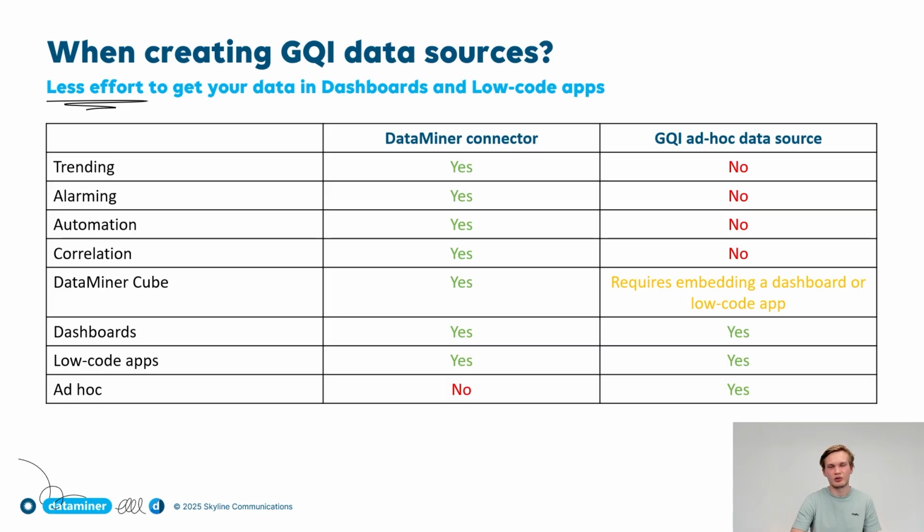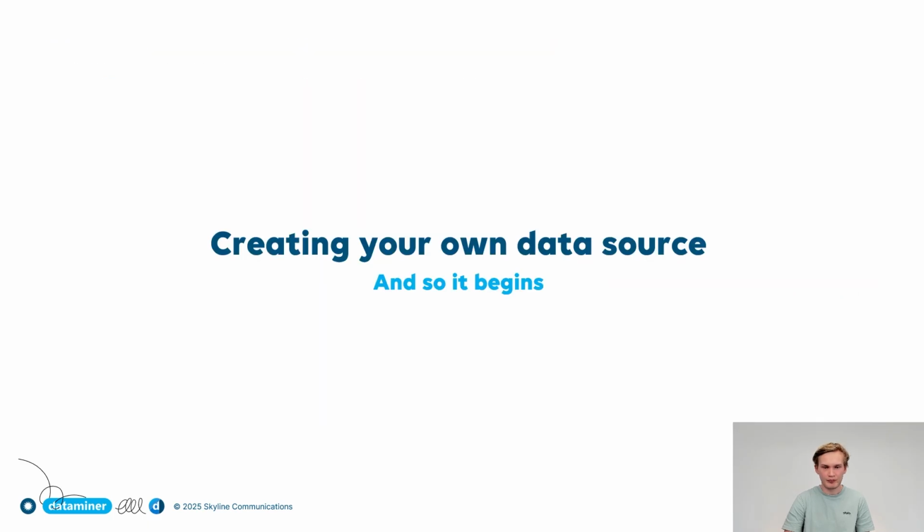You might have data that you want to show in your dashboard or your low-code app that you don't want to trend, you don't want to store an alarm for it, you don't want to do much with it, you just want to show it. And that's where the ad hoc data source comes in. It's fully ad hoc. You don't have a database behind it in the terms of a DataMiner.